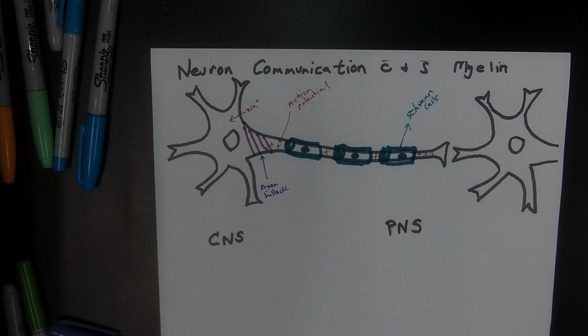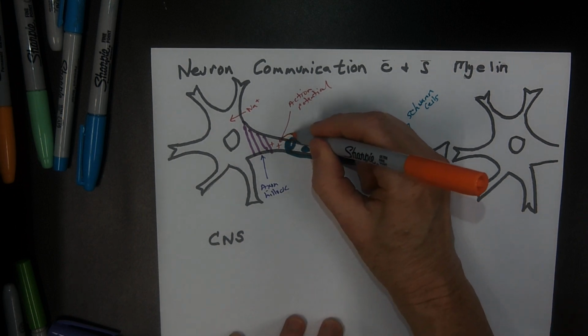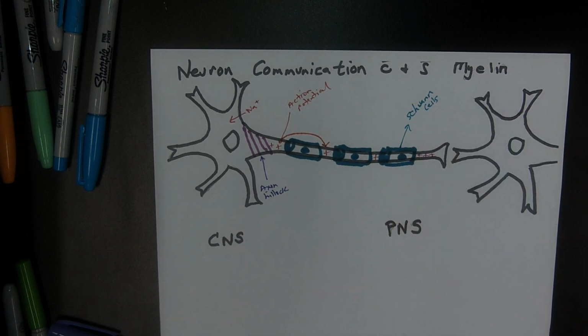And there's a couple of terms that you need to be aware of. This jumping, when the action potential jumps over top of the myelin sheath to where there's an empty space that isn't myelinated, does anyone know what that's called? Has anybody heard of that word before?